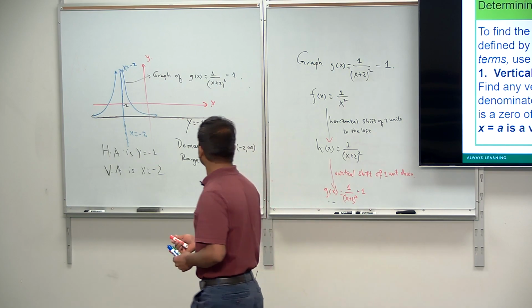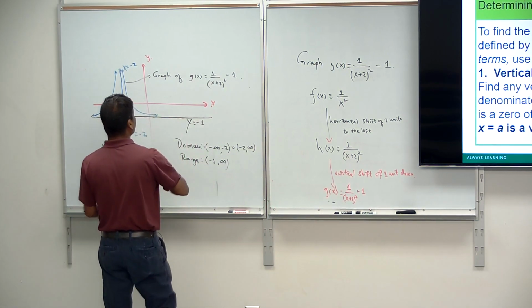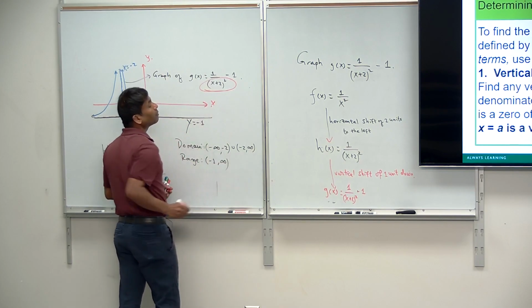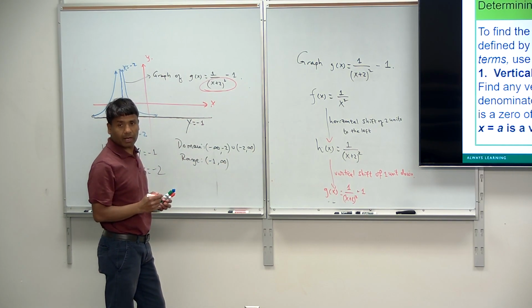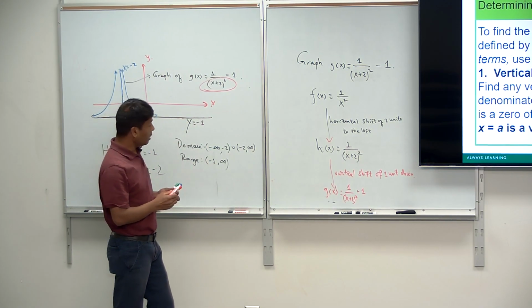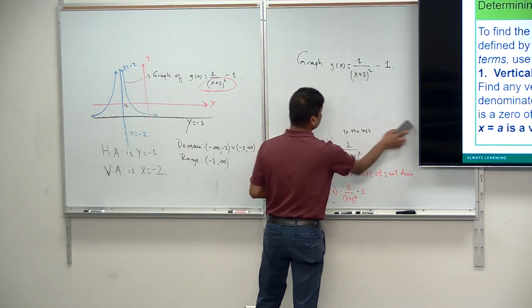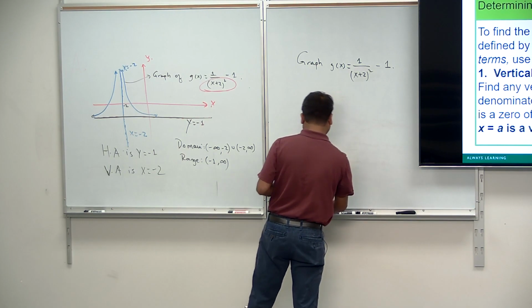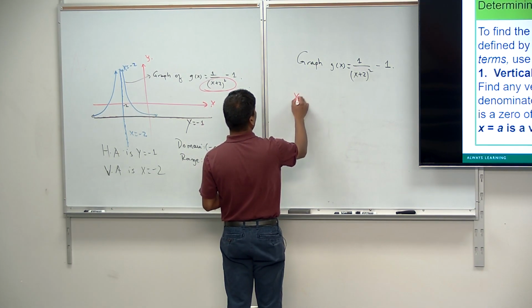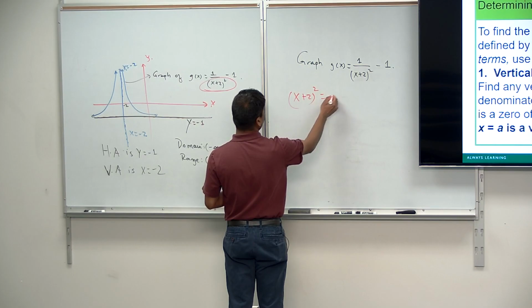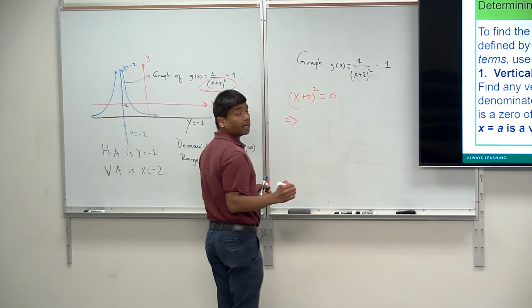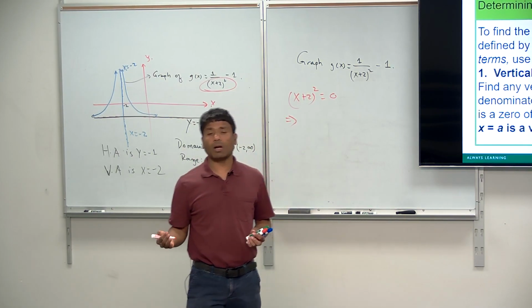Now here, what is the denominator here? x plus 2 squared, right? If you set the denominator equal to 0, it will be x plus 2 squared equal to 0, and then solve for x.